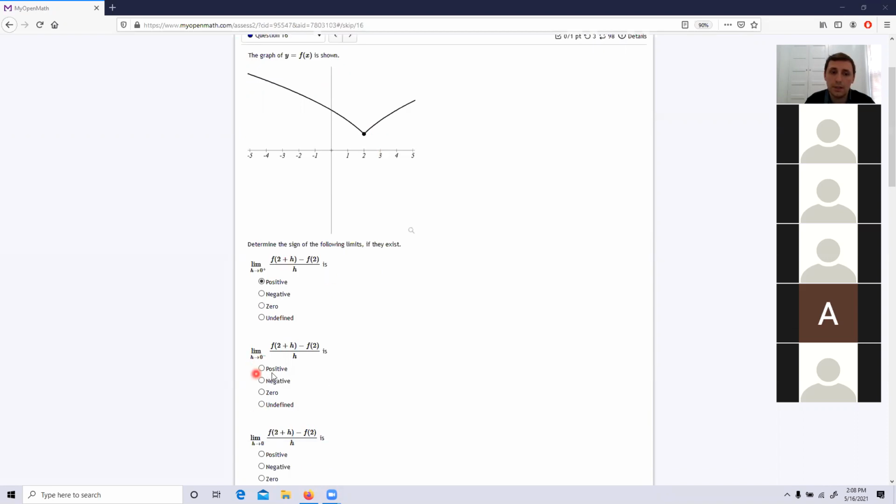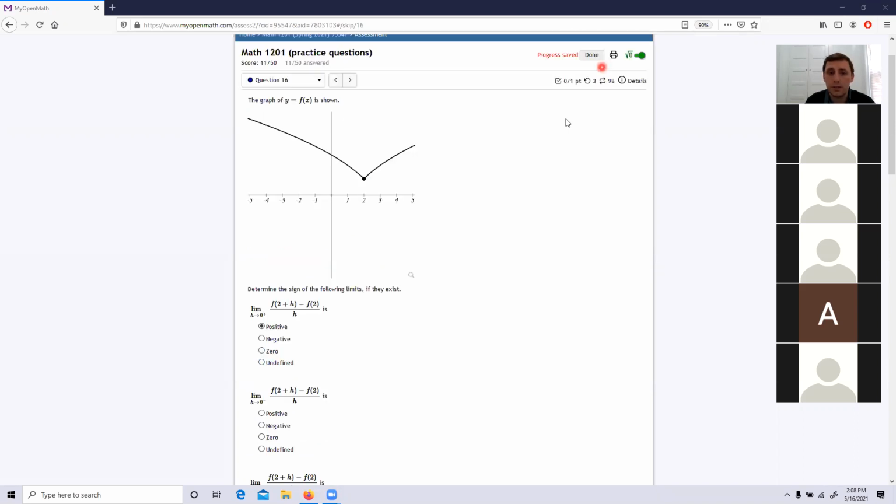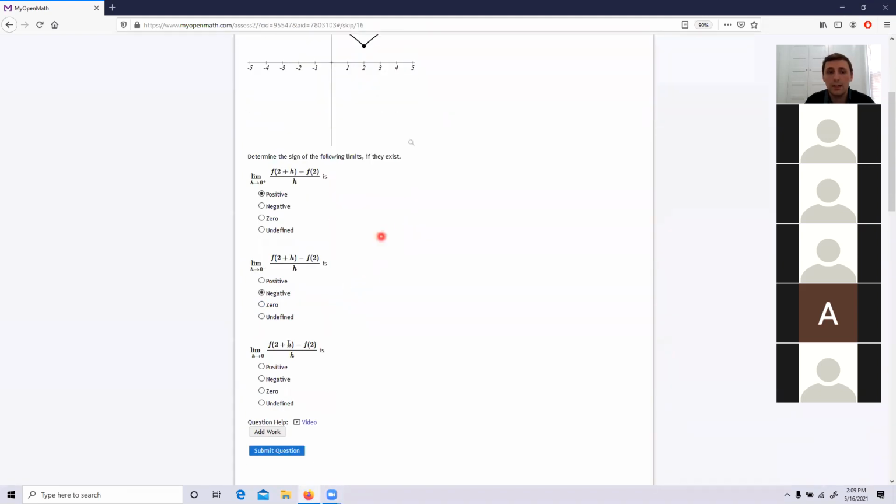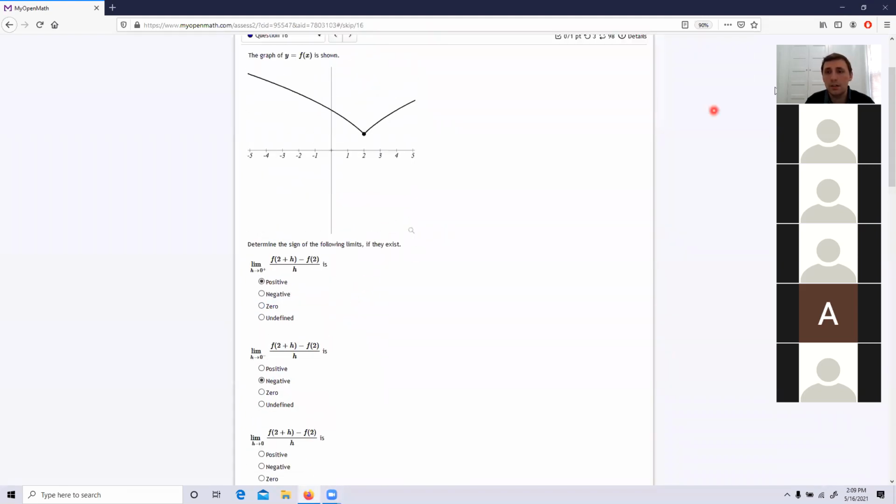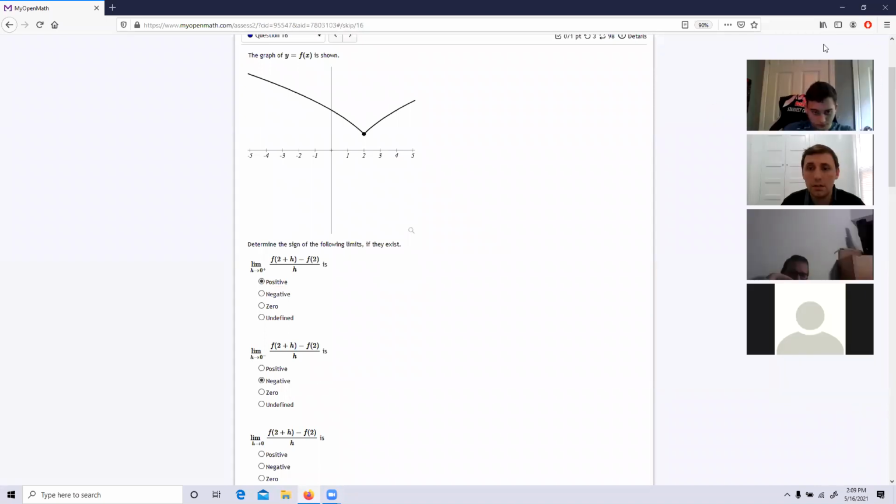What about this part? h is approaching 0 minus. Is it positive, negative? What is the slope? Negative, yes, because if you take this point here now from red to black point, there is a negative slope. Negative. And the limit altogether? The limit altogether is what?